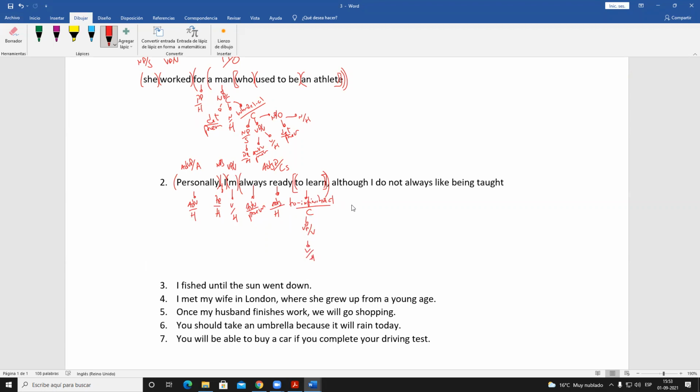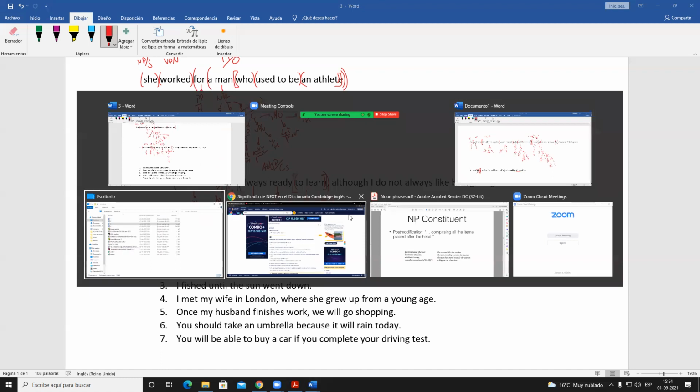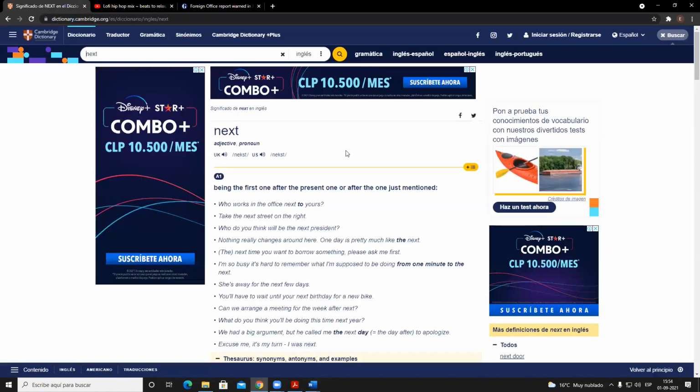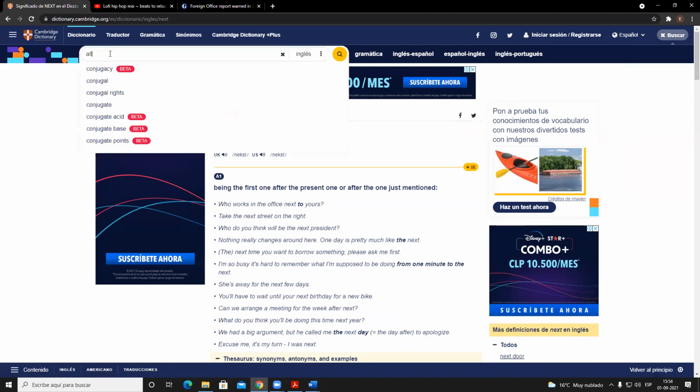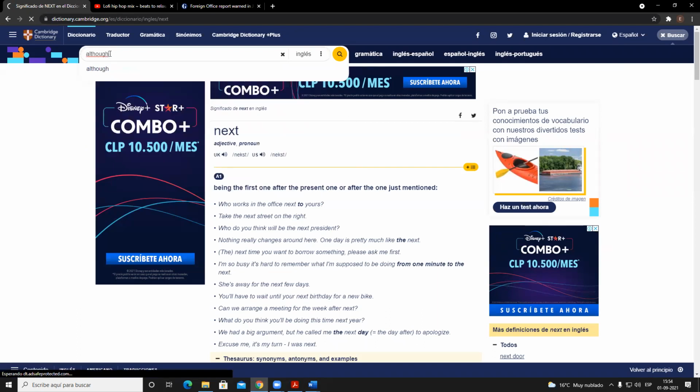Although I do not always like being taught. This is also difficult, I think. Although I have to go and look it up on a dictionary, but I am quite positive. This is a conjunction. Perdón. Although it's in a conjunction.